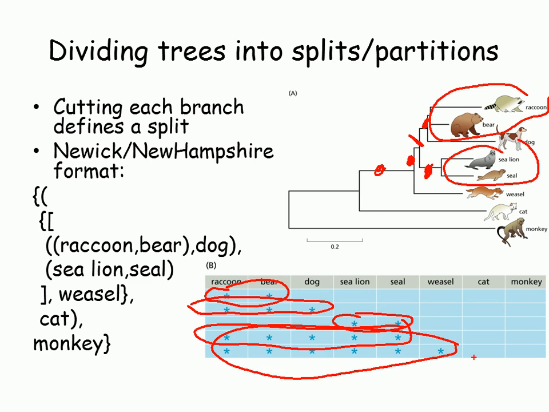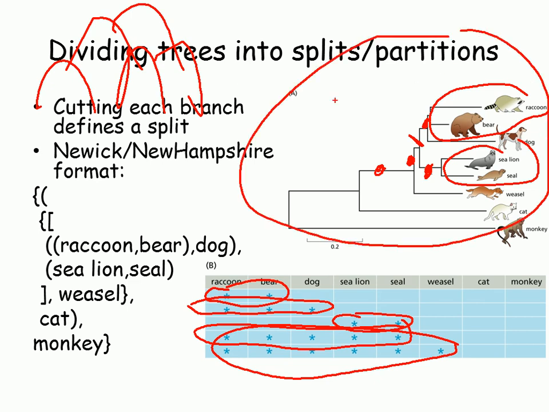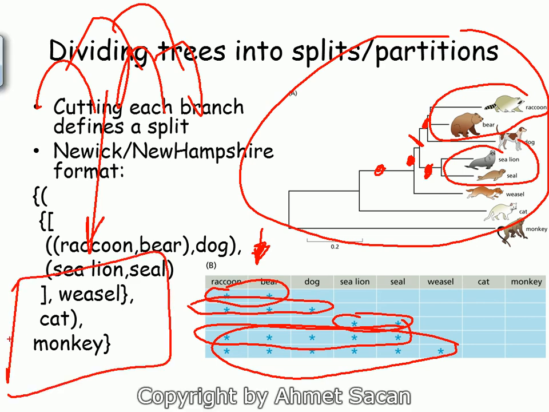So one way to compare two trees is to count the number of times that you have the same split. Okay. So if you have two trees, let's say this is one and this is the other one, you will generate these different splits for each tree.